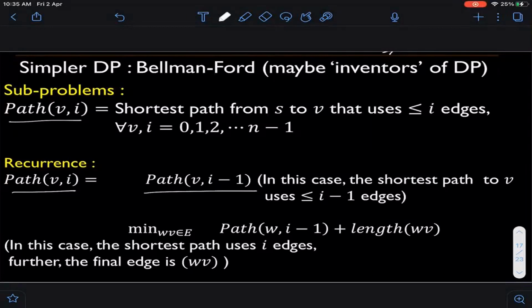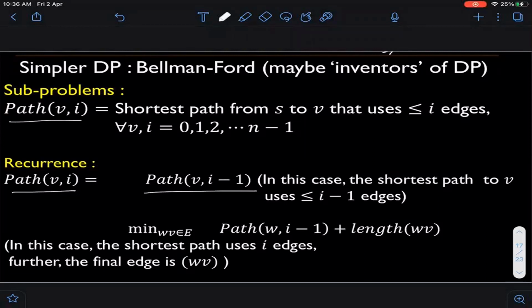So one case could be that the shortest path from S to V using a budget of i is actually not using the full budget. It actually uses the budget up to i minus one, so it just inherits the optimal solution from a smaller subproblem. Or it could be that it actually uses the full budget, which is i number of edges. Then we switch to a smaller subproblem for a different vertex.